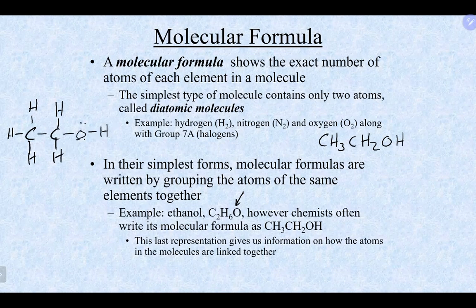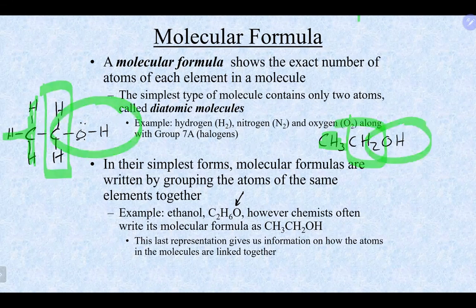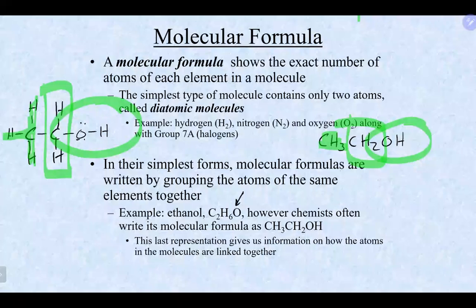And as you can see, that is CH3, that is CH3. This is CH2, that is CH2, that is OH, that is OH. So again, the one on the right there gives us a little bit more information about structurally how it's put together.